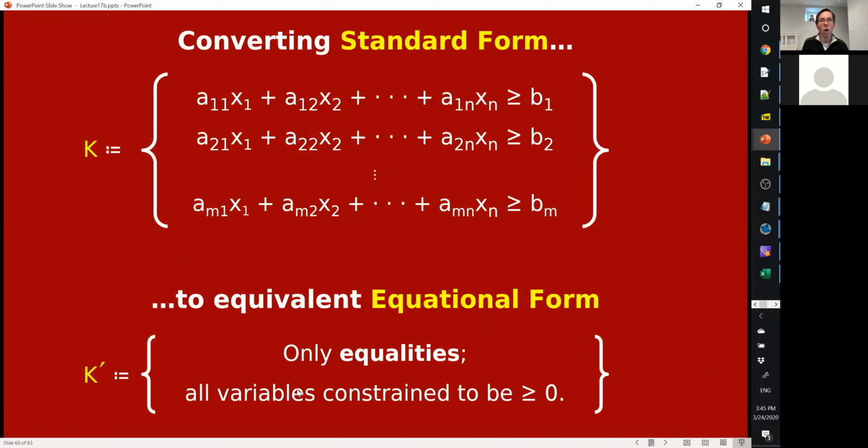But you have all variables constrained to be non-negative. So equational form is a special kind of LP where you have only equalities, but you insist that all the variables be non-negative. What I'm going to show you now is that given any standard form LP, you can convert it into an equivalent equational form LP, where it's easy to go back, so they have the same satisfiability status, and it's easy to go back and forth between a solution for one and a solution for the other.